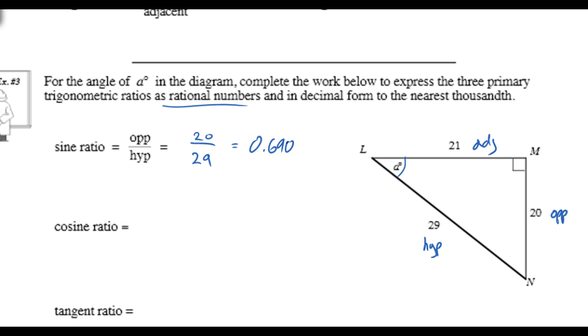And as I said before, the sine and cosine ratios can never be more than 1 because the hypotenuse is always going to be longer.